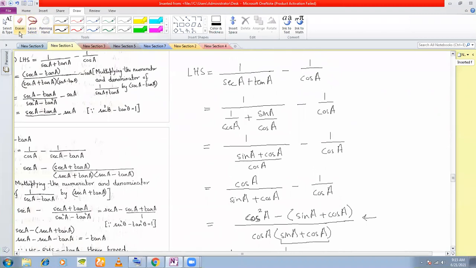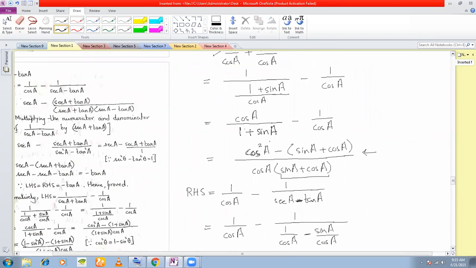Now again, the small mistake here. If I take the LCM here between these two fractions, I get 1 plus sin A, isn't it? I get 1 plus sin A by cos A, right? But now here in the denominator, I will get 1 plus sin A, right?